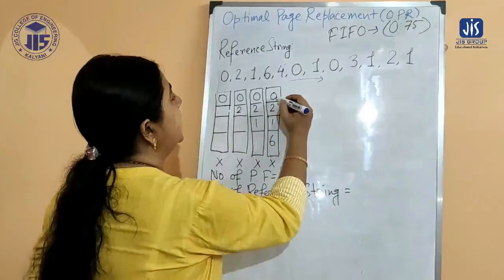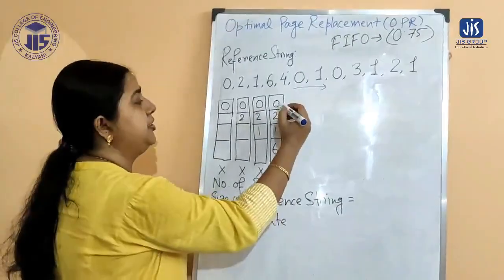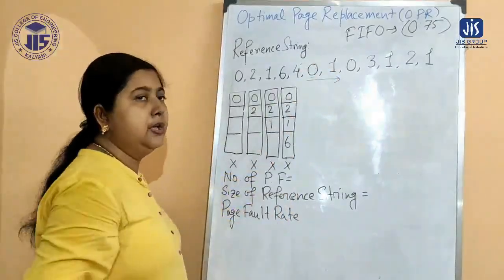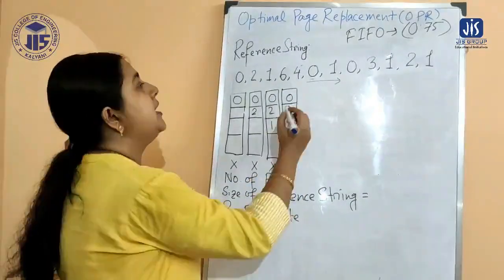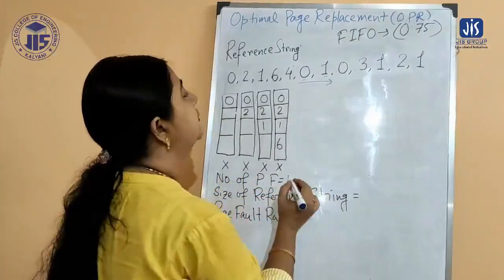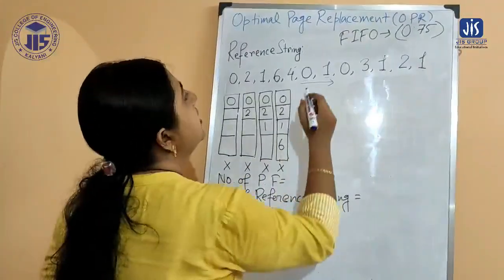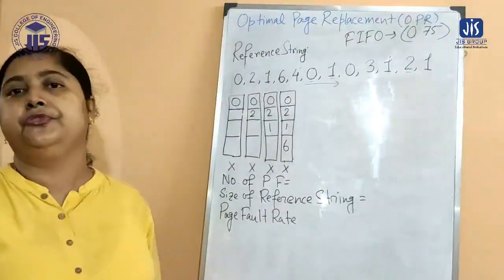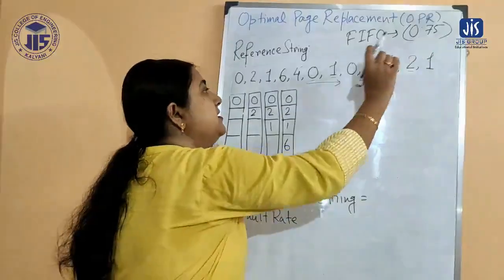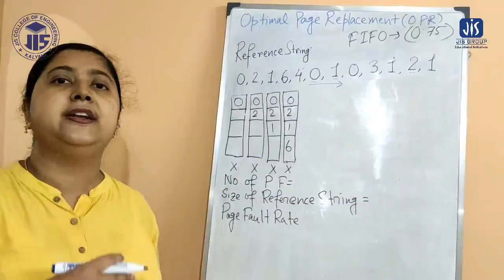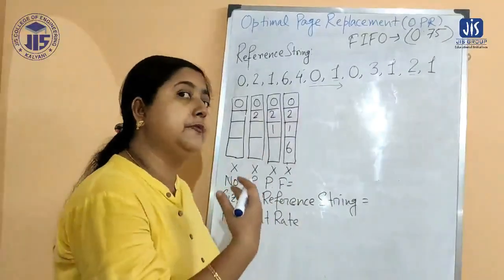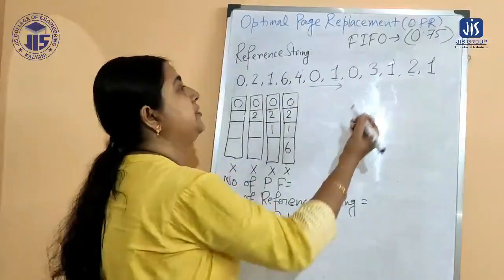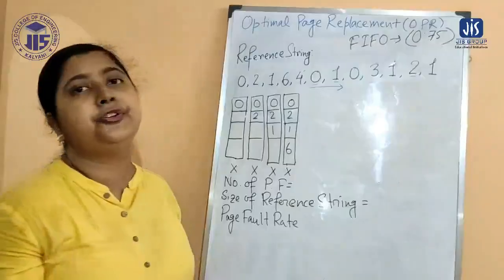Now here in the memory I already have 0, 2, 1, 6. So here I find 0, which is basically the nearest one. After that I find 1, which is also very close. Then I find 2. So 6 is not going to be used in future. By this reference string we can easily understand which reference is going to come after which, and we can see that for this particular problem, 6 is never going to be used in future.